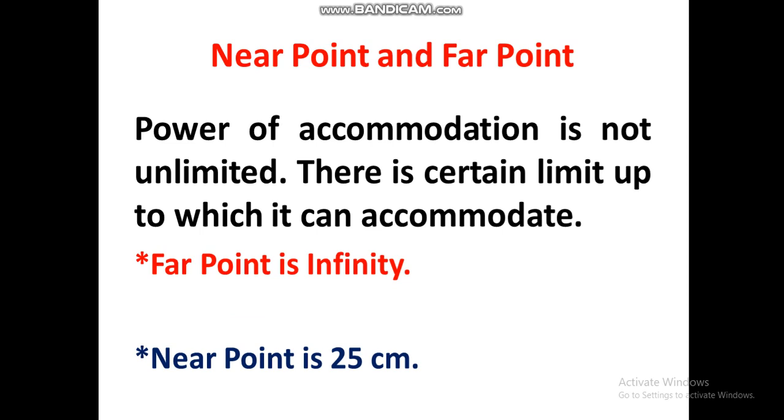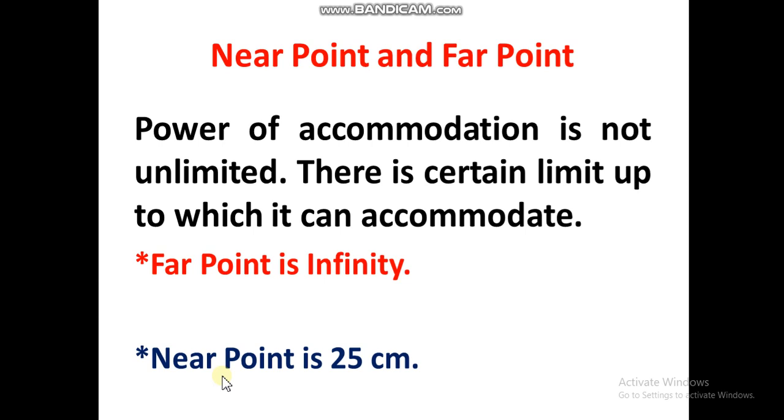That limit for the far object is infinity. For an object placed at infinity, the eye can adjust its focal length. But for nearby objects, the minimum point is 25 centimeters. When the object is brought closer than 25 centimeters, the focal length will not be adjusted.